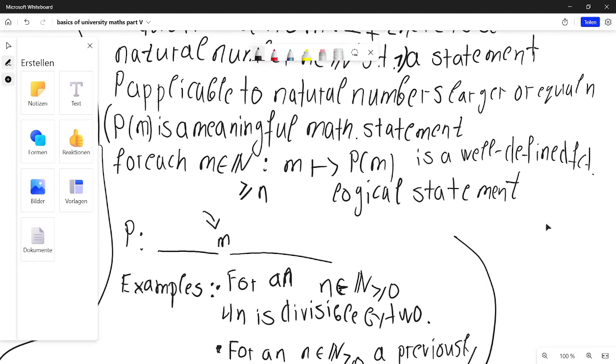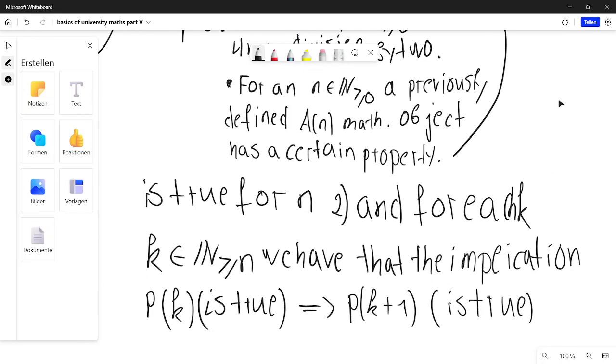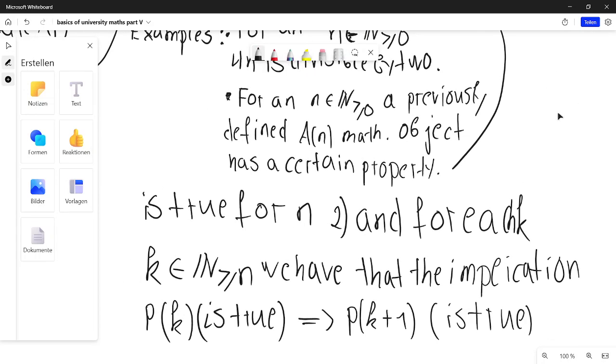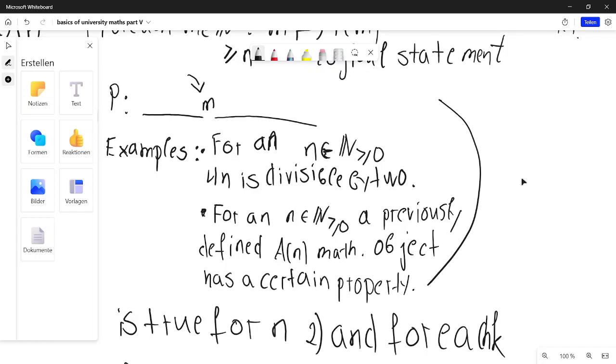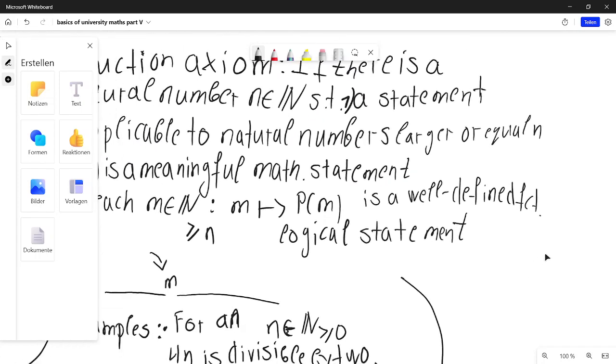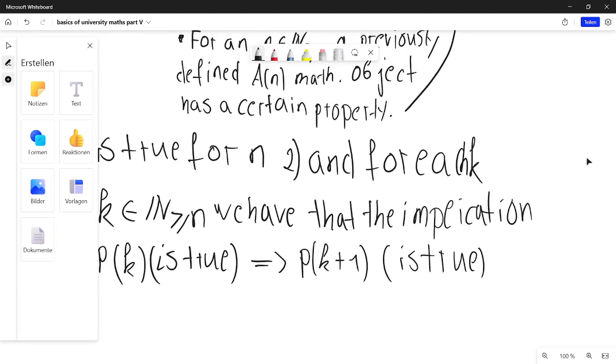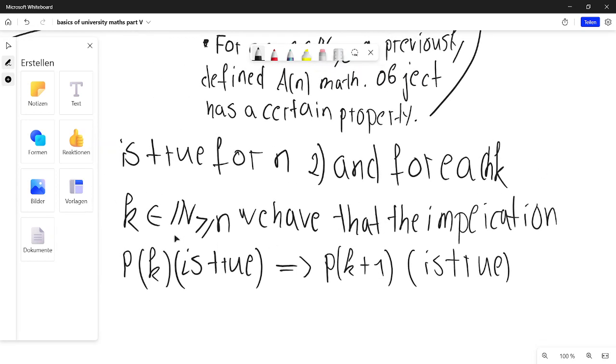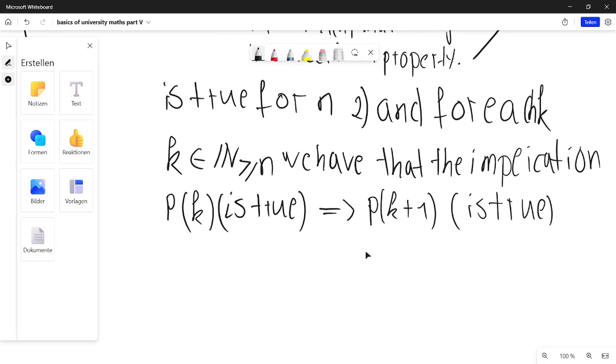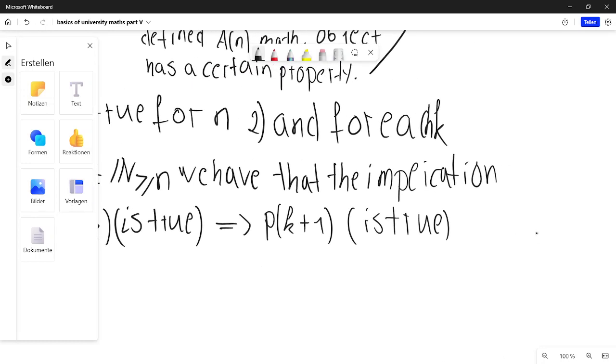So we found such an n, we found such a P, such that P is true for n, and simultaneously for each k bigger or equal n, the implication P of k implies P of k plus 1 is true.